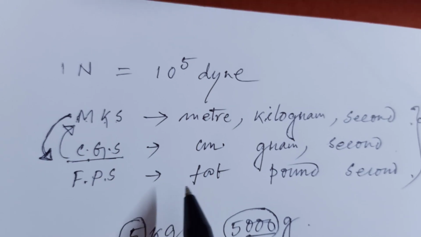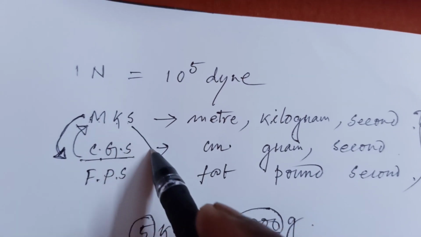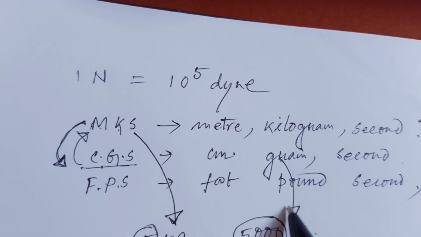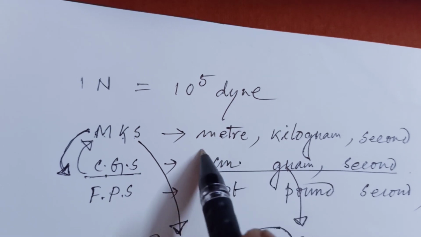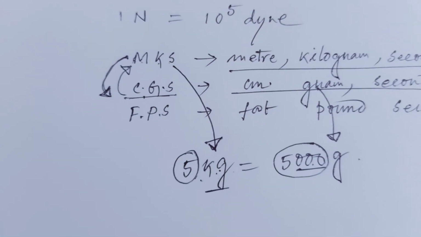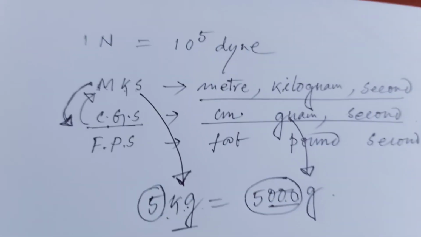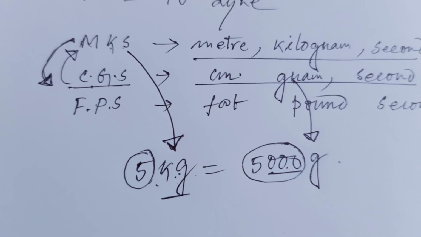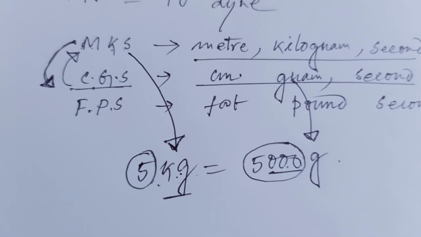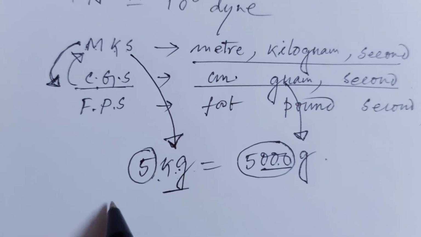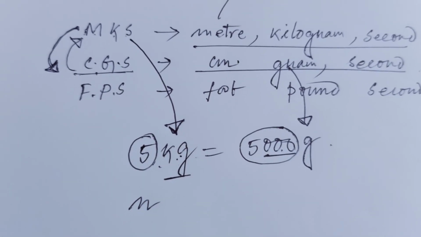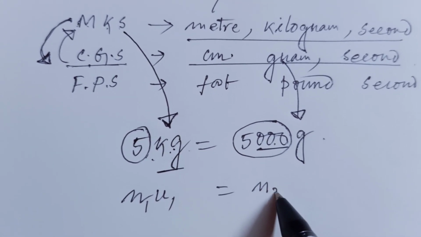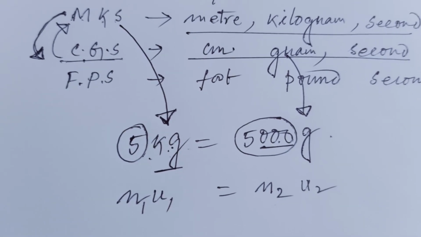So this is the unit of the MKS system, and this is for the CGS system, that is gram. So we can change a particular system of unit to another particular system of unit. Suppose the formula is numeric value into unit, that is N1 U1 equals numeric value into unit, that is N2 U2.